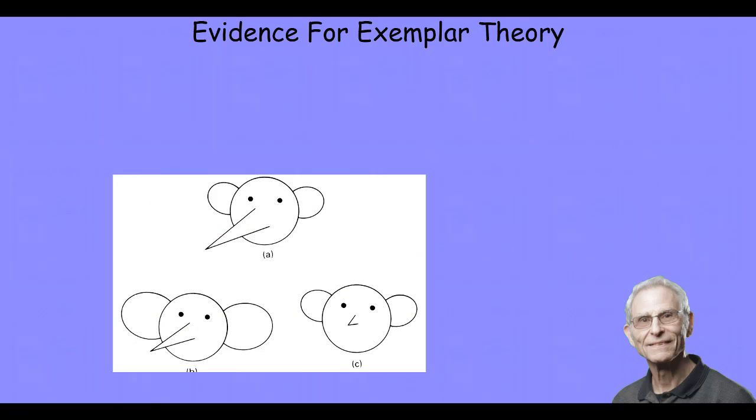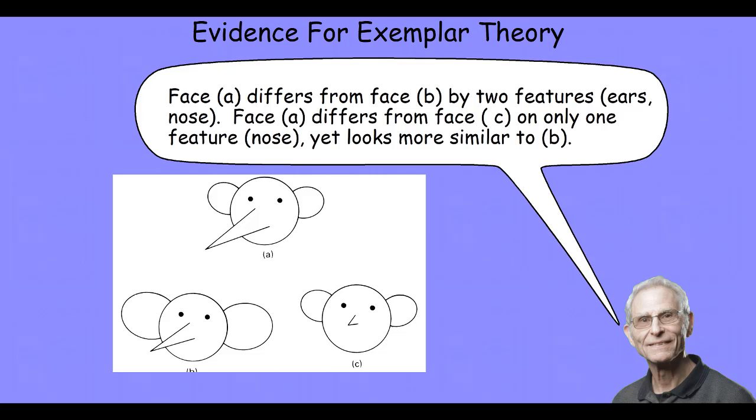So here are the faces that were shown to subjects in this experiment, or at least some of the faces. We have face B that represents one prototype. We have face C that represents another prototype. And the subjects are asked to, in effect, categorize, to say which is most similar. Now, if the features are independent and additive, then people should say that face A is most similar to face C. Why?